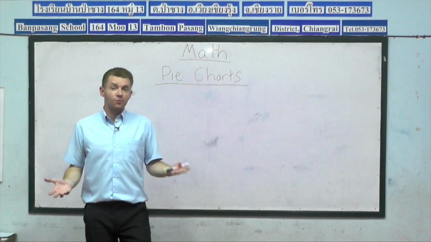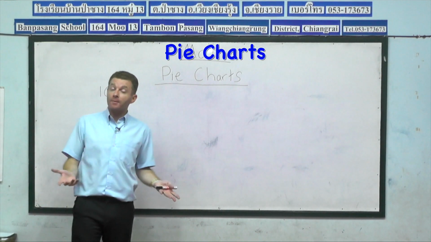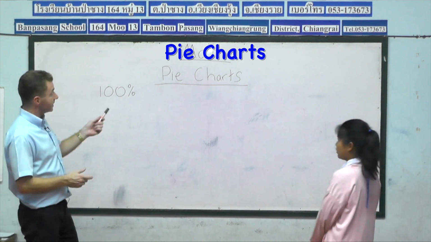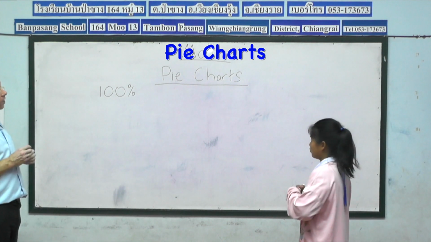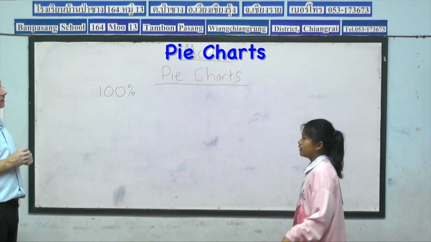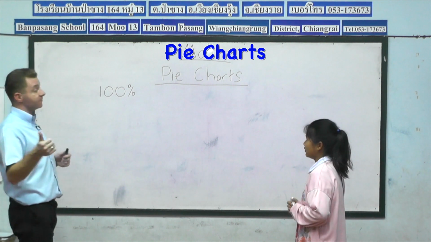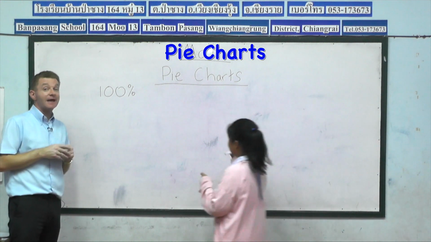So if we're going to do a pie chart, we need to know what the pie chart is about. So Lacko, can you give our pie chart a title? What will our pie chart be about? Favourite colours. Okay, so now Lacko can write this title on the board.